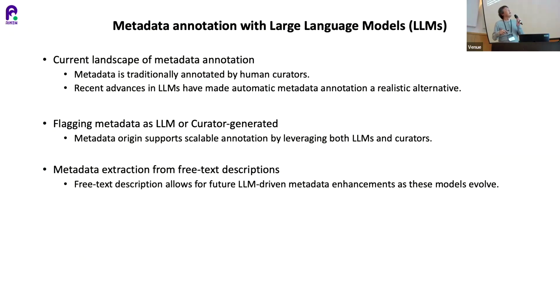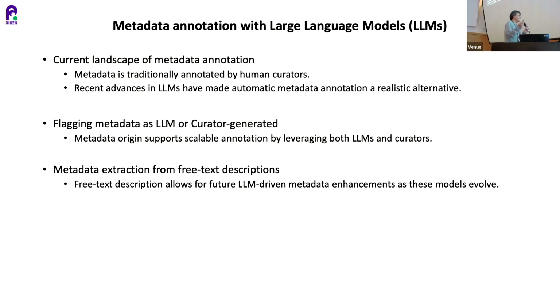And someone talked about the LLM, so we have some comments. The current metadata annotation was done by manual human curation, but that is a problem for scalability. The recent advances in LLMs have potential for automatic metadata annotation.